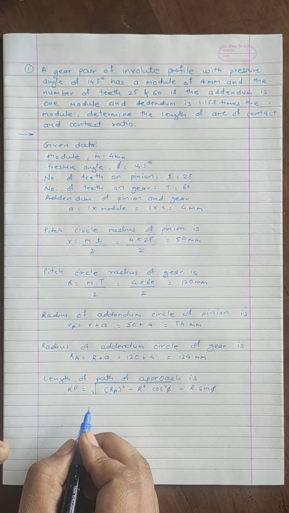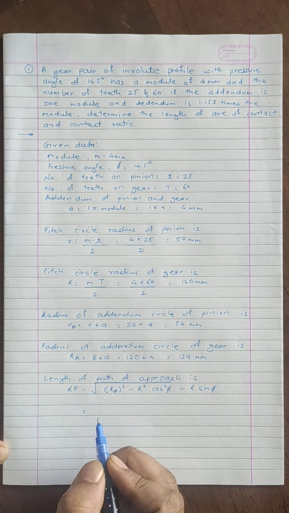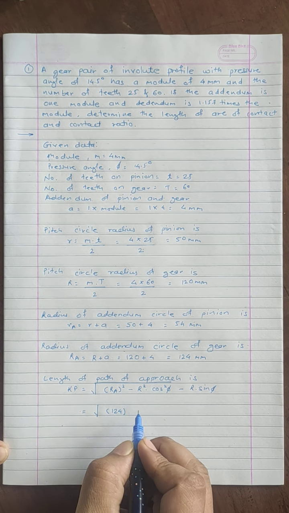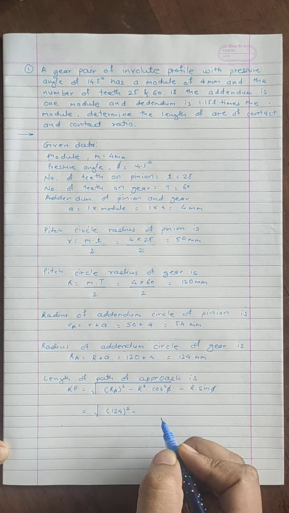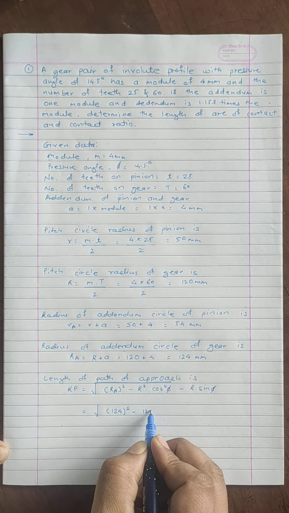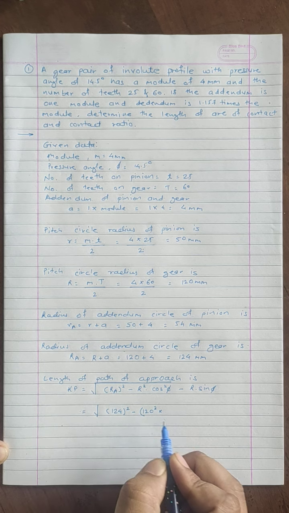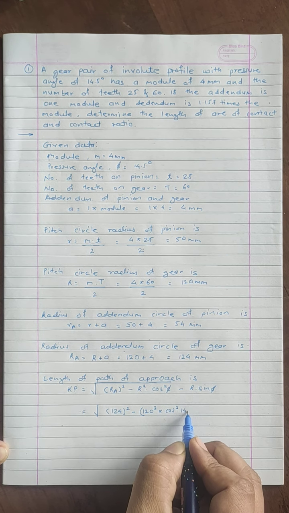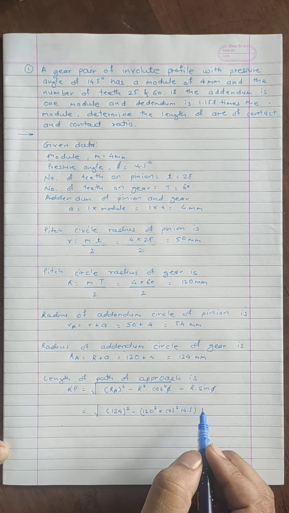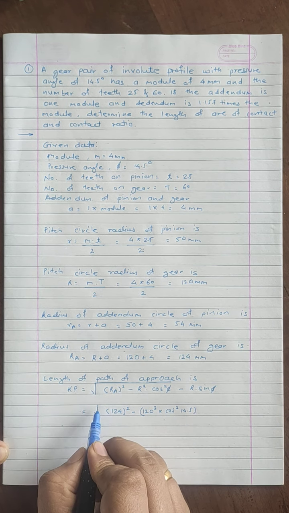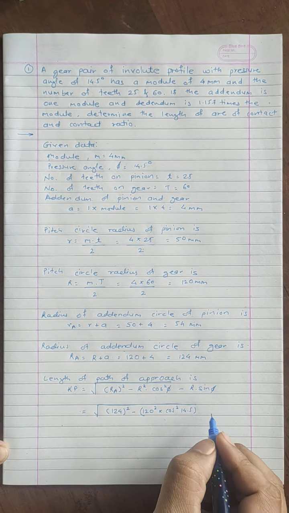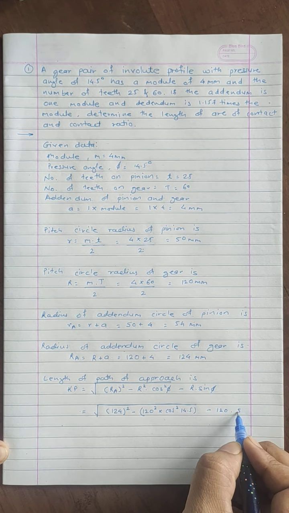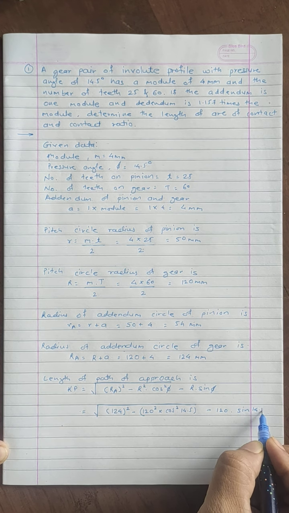Okay, now if you put the values over here, it will become 124 square minus 120 square into cos square of 14.5, and then under root complete, minus 120 into sine of 14.5.